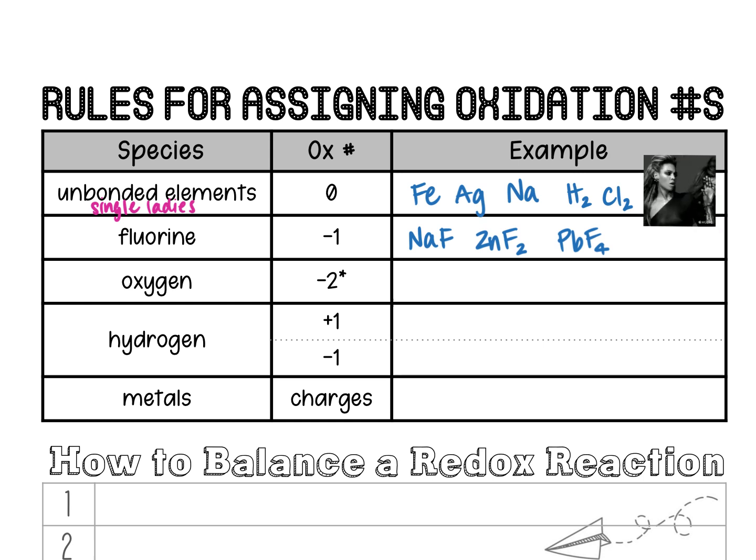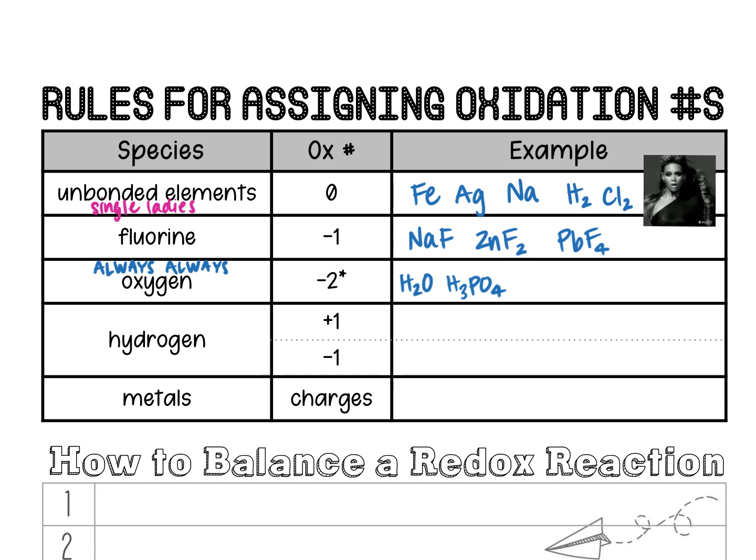Oxygen is our next one up. Oxygen is always -2. Except, we'll get to the exception. So, in things such as H2O or H3PO4, oxygen is always -2.